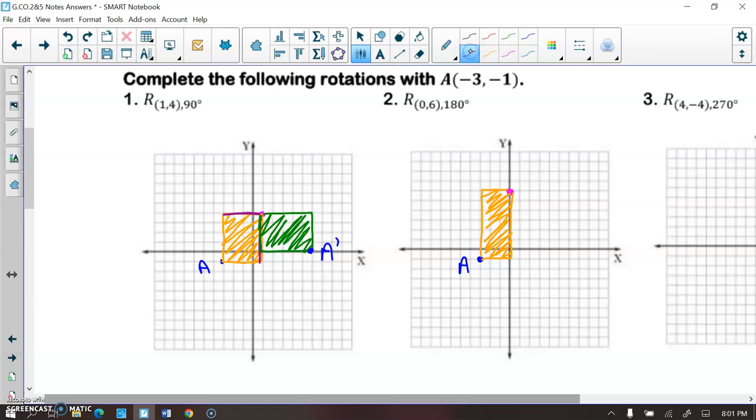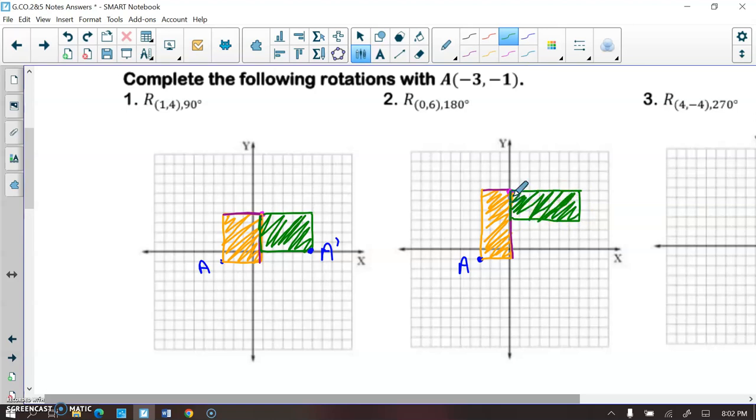So we're going to just focus on the lines that are attached to my center of rotation. My vertical line segment of 7 units is now going to become a horizontal line segment of 7 units, and my horizontal line segment of 3 units is now going to be a vertical line segment of 3 units. And that's my new box.